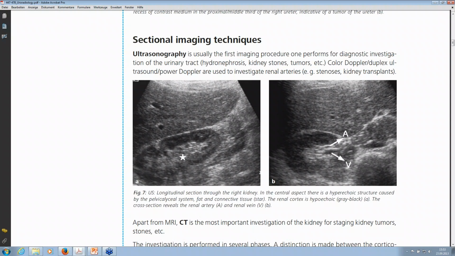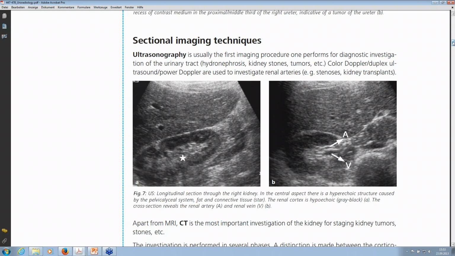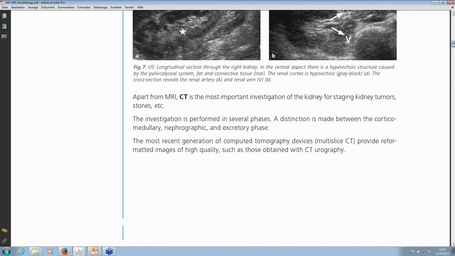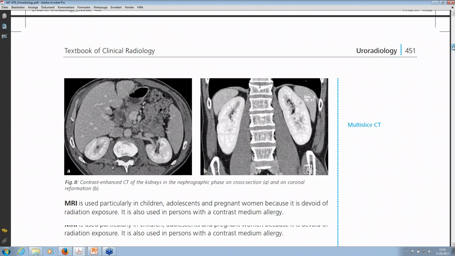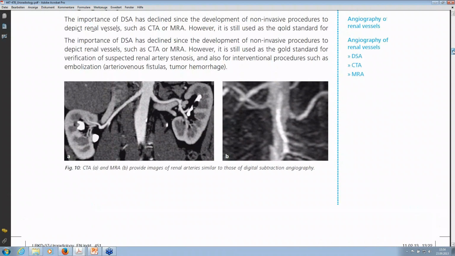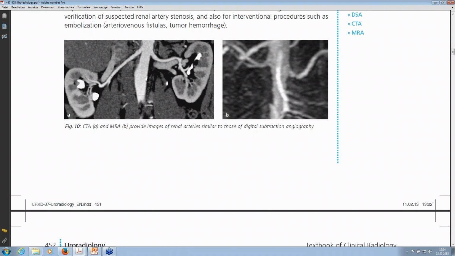This is the classical appearance of the kidney in middle-aged people, and in a cross-sectional view you see the vessels in the direction of the great median vessels, the vena cava and the aorta. So here you see what sonography can depict with color Doppler. You see the main vessels of the kidney.